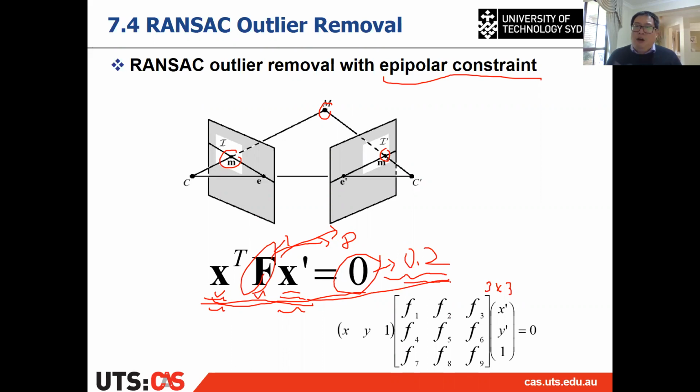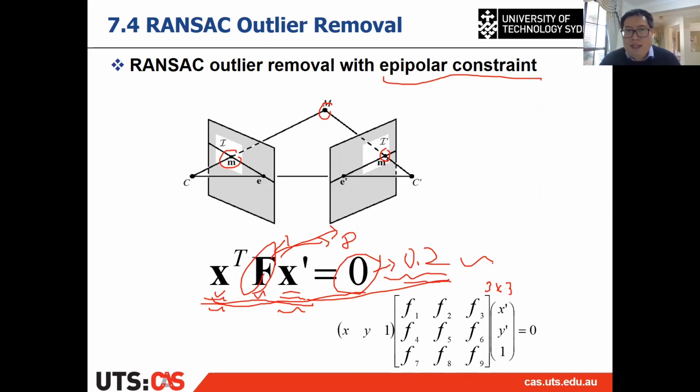And you do multiple runs. Suppose you do thousands of these runs. Then you find the one run with the maximum number of correspondences within your threshold. And in that run, those are your correct correspondences.